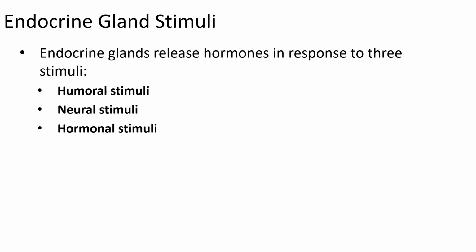Or if the sodium levels or the calcium levels are out of the normal range, it's going to stimulate certain glands to release certain hormones to help try to get the body back within normal limits. Neural stimuli describes the direct stimulation by nerve fibers to the endocrine glands. And then hormonal stimuli describes the ability of one hormone to stimulate the release of another hormone.